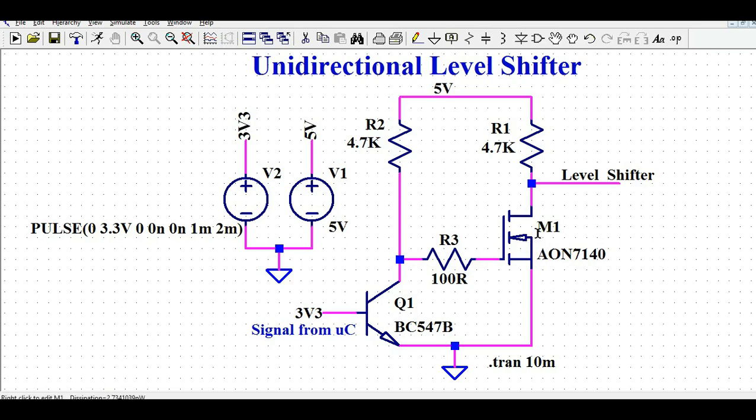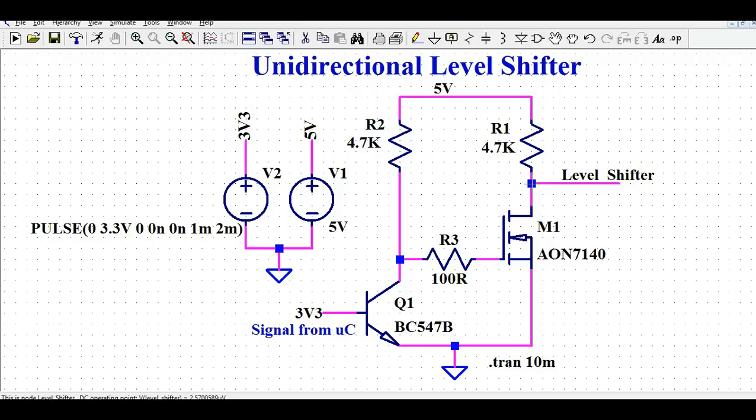This is an N channel MOSFET and this is an NPN BJT. BC547 is an NPN BJT and the AON7140 is an N channel MOSFET. So I have connected the collector of Q1 via one resistance to the gate of your M1.